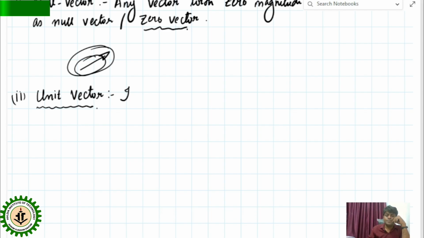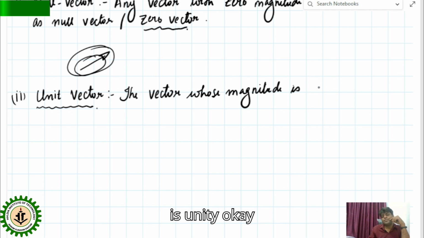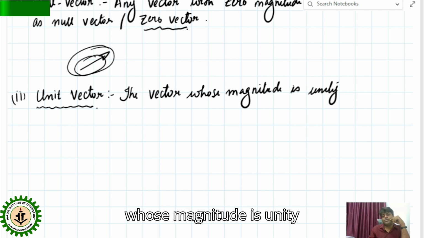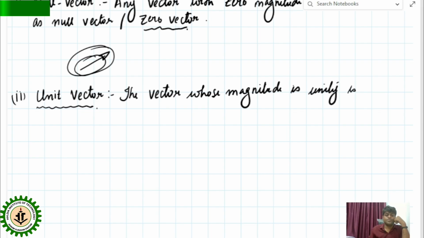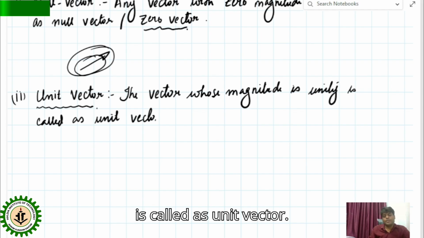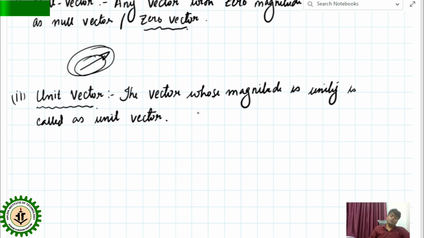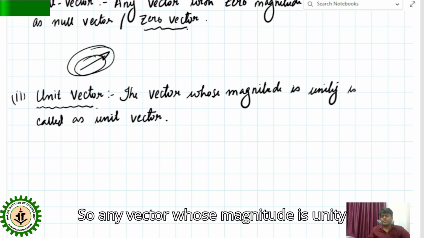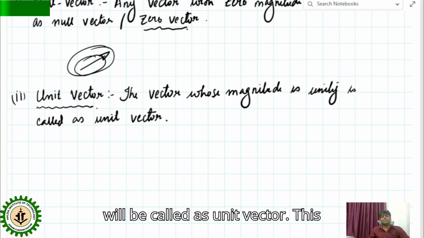The vector whose magnitude is unity is called as unit vector. So any vector whose magnitude is unity will be called as unit vector.